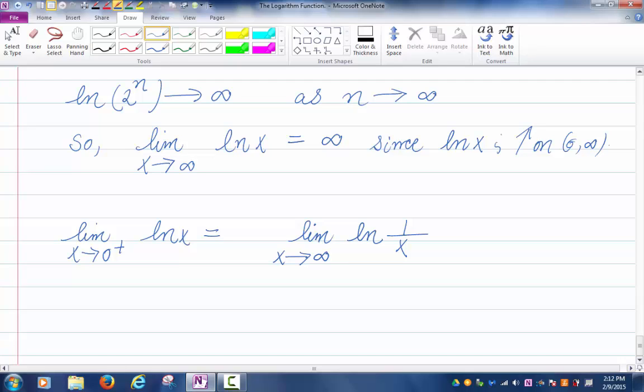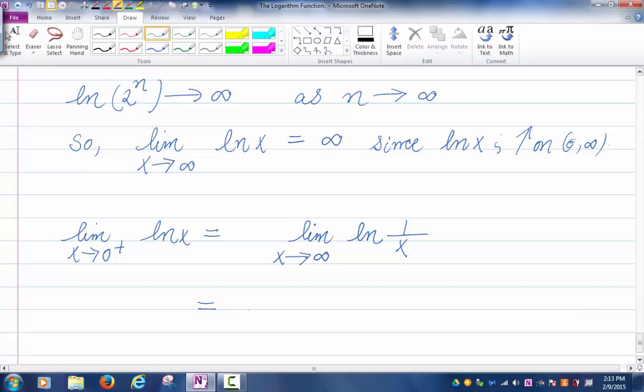So I'm actually still taking log of something going to 0, right? So these two limits are the same.